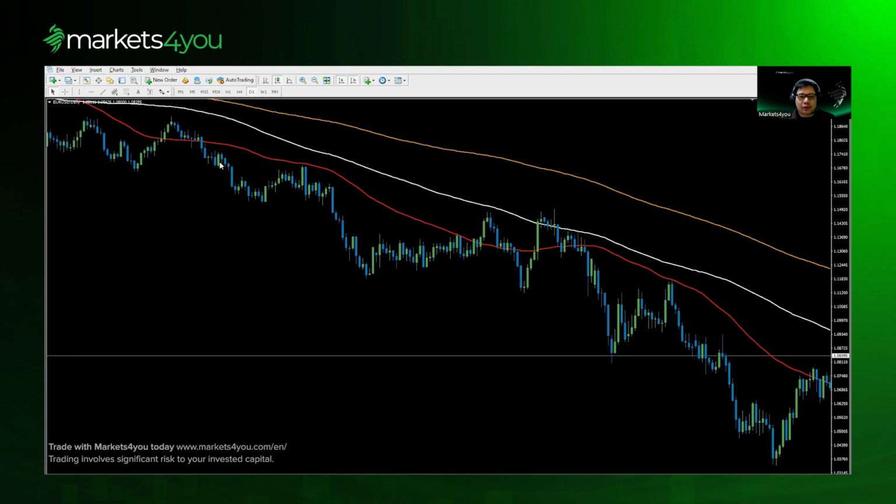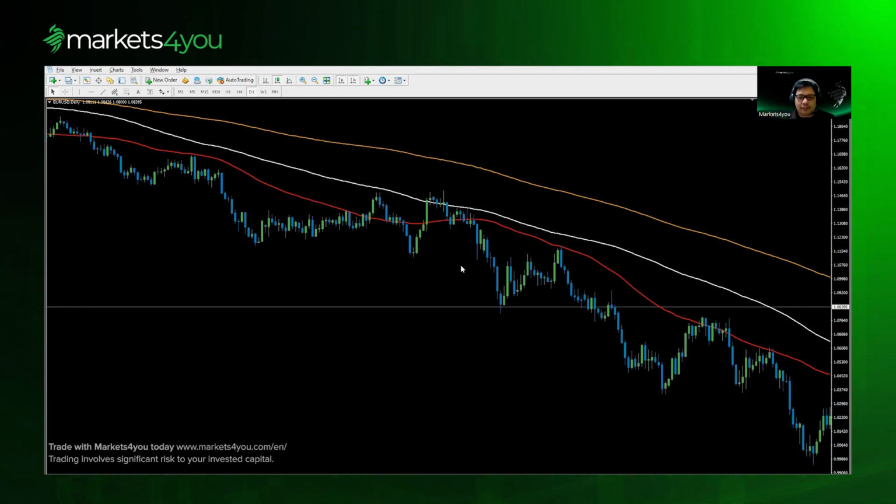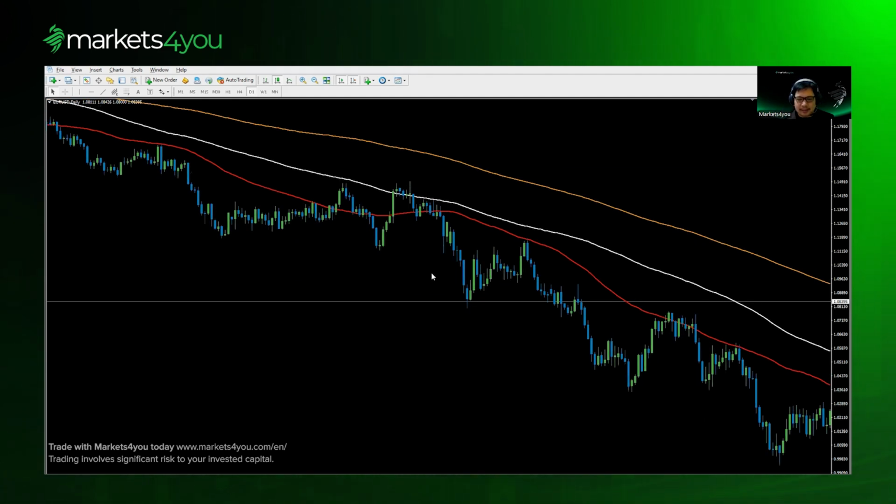It's showing a strong downtrend move from the price. So when the price is moving above the three lines, it shows an uptrend. Meanwhile, when the price is moving below these three lines, it shows a downtrend. Like this, it's moving in a downtrend. If the three lines are not aligned, it might indicate a consolidation rather than a trend change.